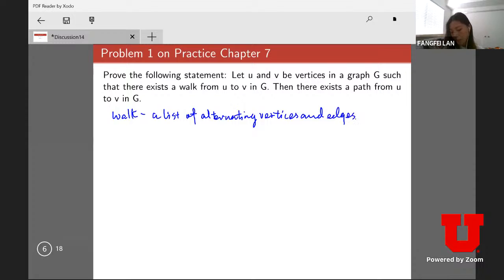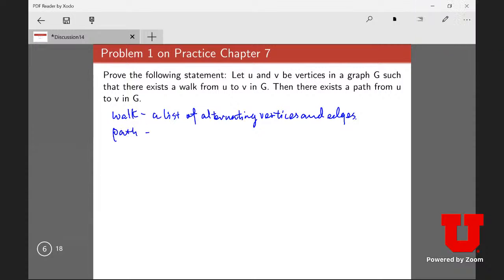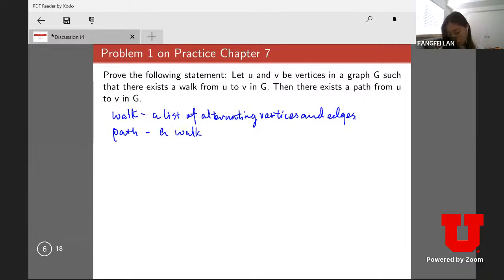But the restriction is that the edges have to be between each of the vertices. You cannot have an edge that's out of the way, somewhere random. And then what about a path? What's a path? No repeated vertices. Yes. A walk with no repeated vertices.